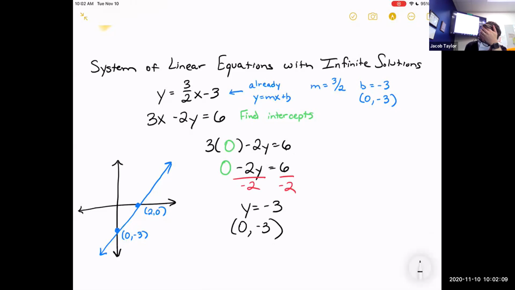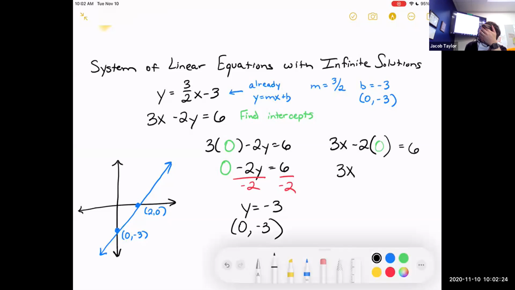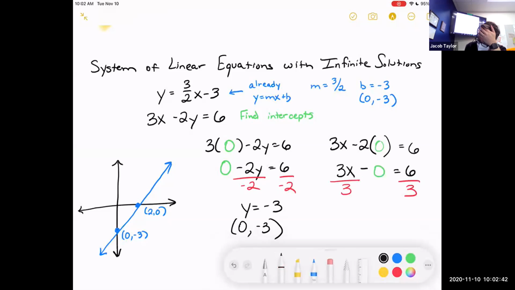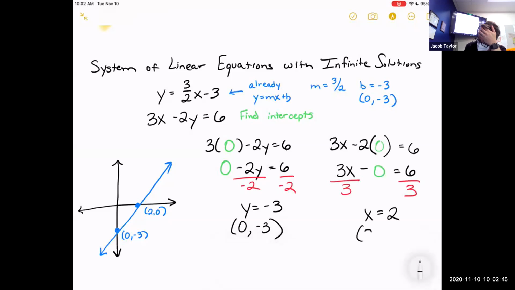Now I'm going to do the exact same thing, but replace the y with 0 in order to find the x-intercept. I put 0 for the y in order to find the x-intercept. Turns out 3x minus 0 is 3x. We'll divide both sides by 3, and what do we get? X equals 2. That means the x-intercept is 2, 0.